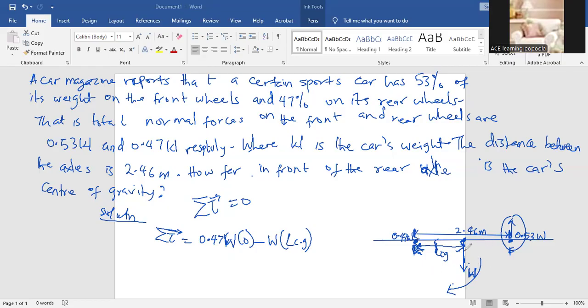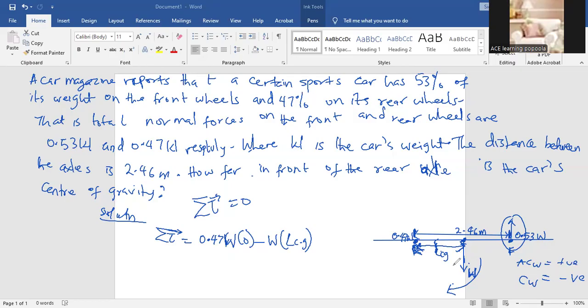So the distance will now be W times the perpendicular distance. Remember, that is how to get torque: torque is force times distance. And remember, I said we're taking the clockwise direction as negative and anti-clockwise as positive. Now we are done with this. Now the third one, this force.